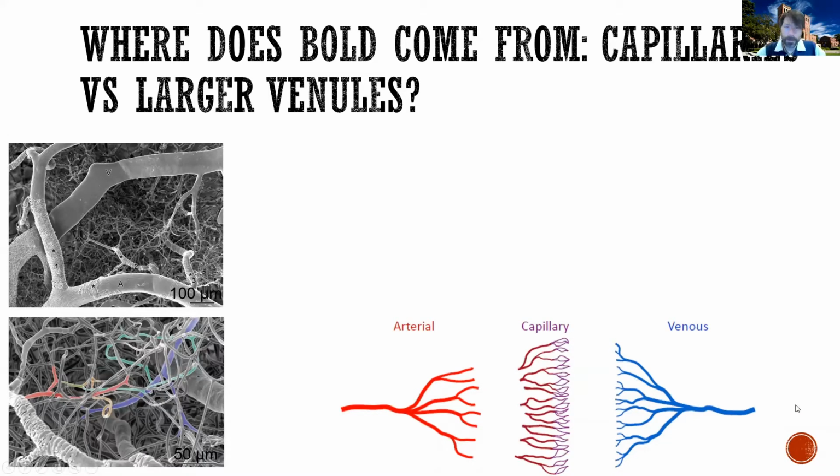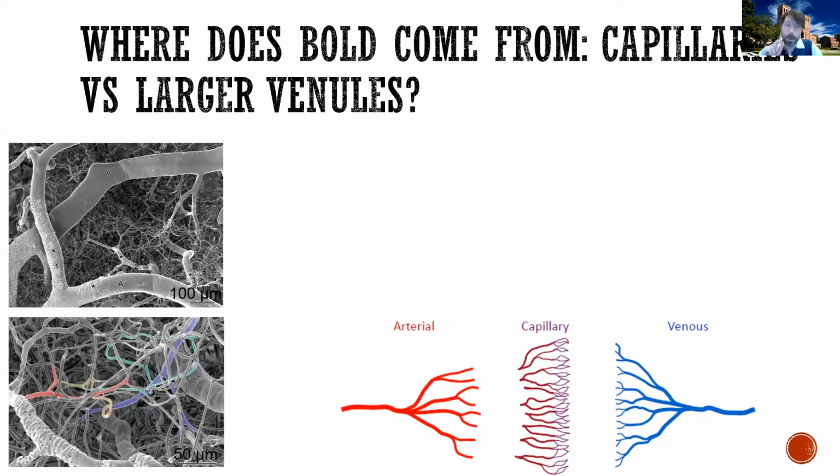Now, the reason this is an important question is the following. If you and I were inventing BOLD, or perhaps just fMRI, we would really want it to be about the capillaries, because capillaries branch very profusely into the brain, and each capillary reaches a really tiny piece of the brain.